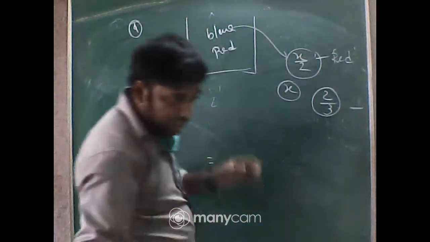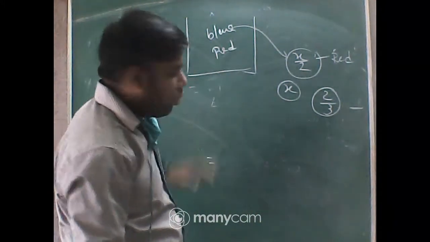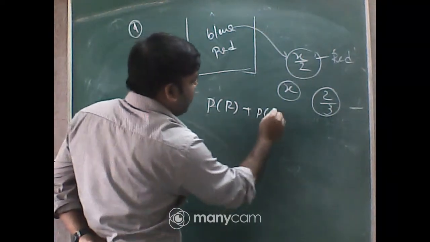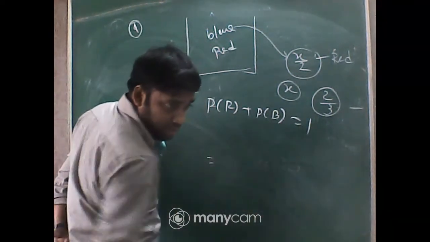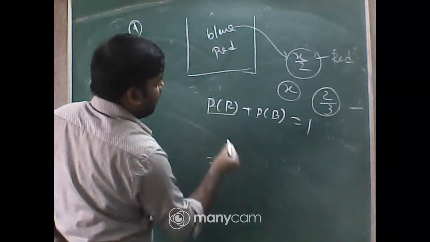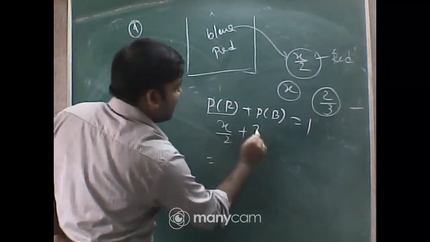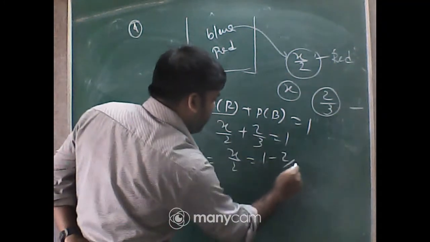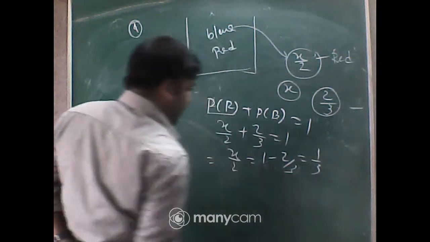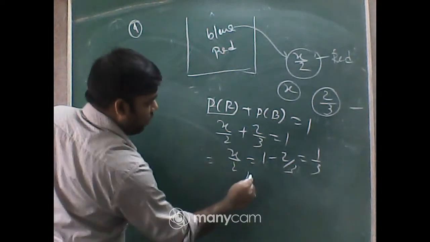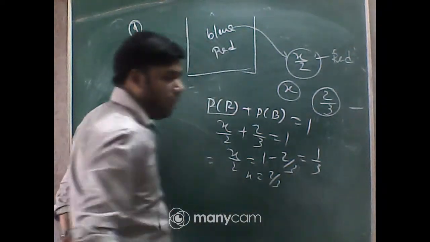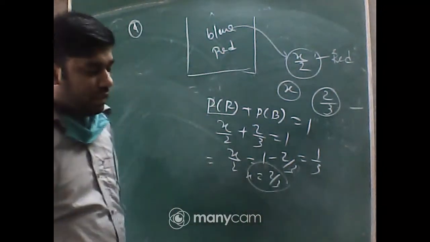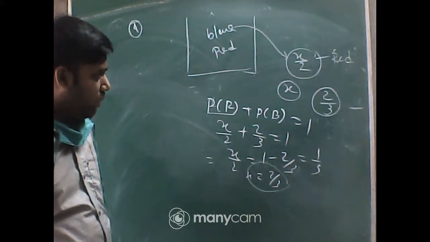So only 2 balls are there, blue and red. So probability of getting red ball plus probability of getting blue ball must be 1. So x by 2 plus 2 by 3 equals 1. So x by 2 equals 1 minus 2 by 3, that is 1 by 3, and x equals 2 by 3. Okay? So your answer is absolutely correct.